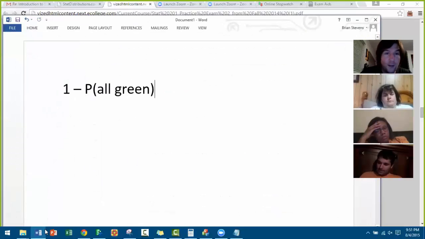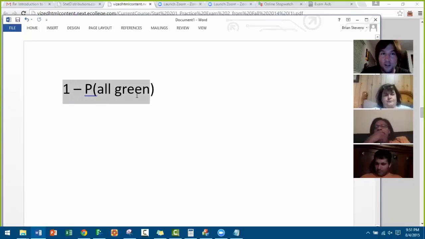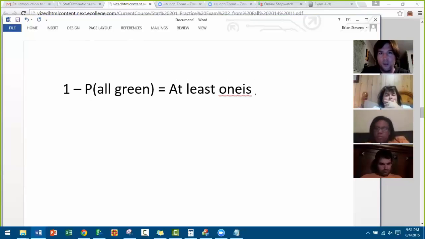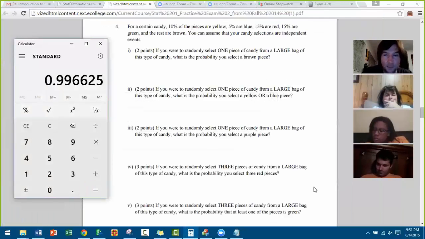Reading out what we have here, the probability of everything but they're all green is equal to at least one is green. Good stuff there. That is the trickiest that can get.